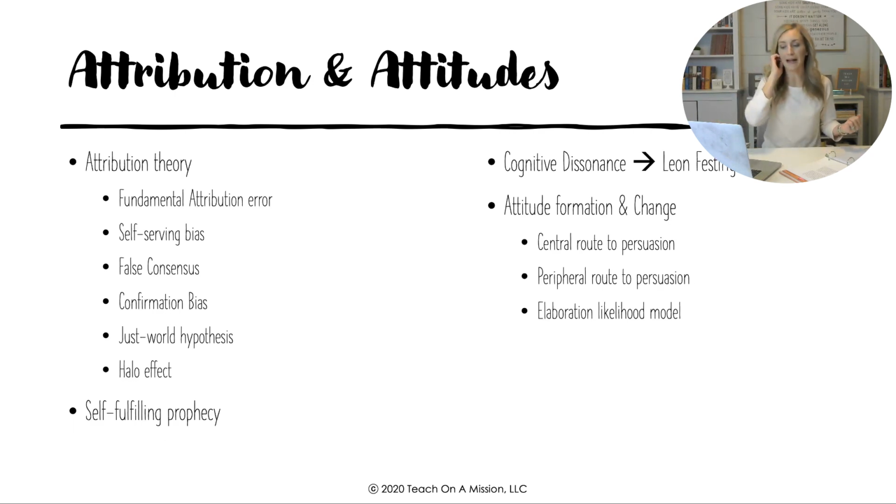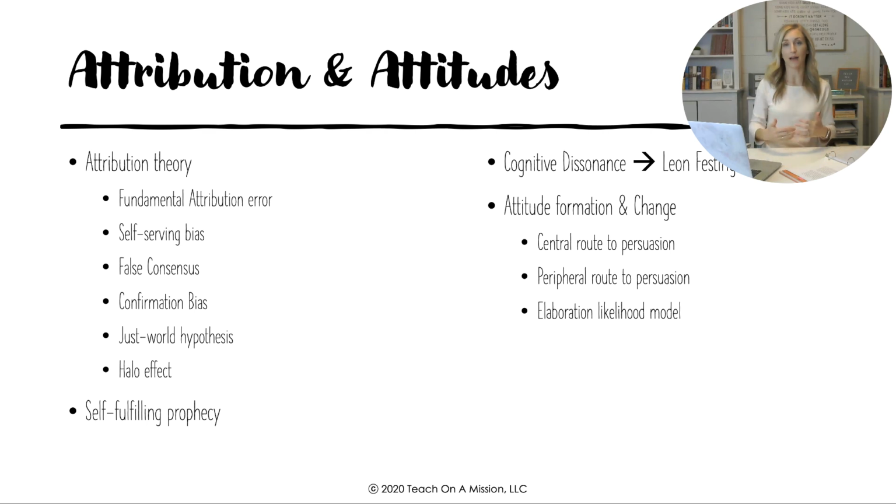So first, let's talk about attribution and attribution theory, which is where we attribute or find cause for someone's behavior. So fundamental attribution error says that when we're looking at someone else's behavior, we normally make a dispositional attribution, which is personality. We normally blame who they are as a human being rather than looking at their situation.